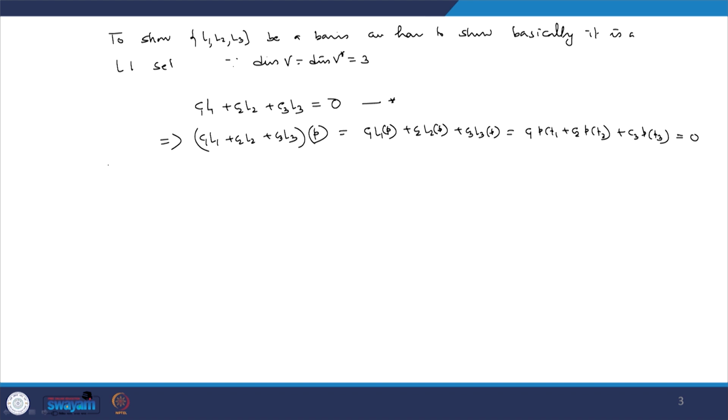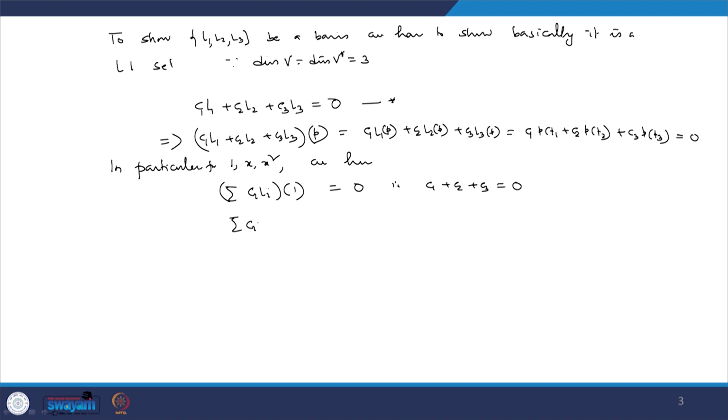So, in particular, for the set 1, x, x square, we have sigma ci Li operating on 1 has to be equal to 0, that is c1 plus c2 plus c3 equal to 0.